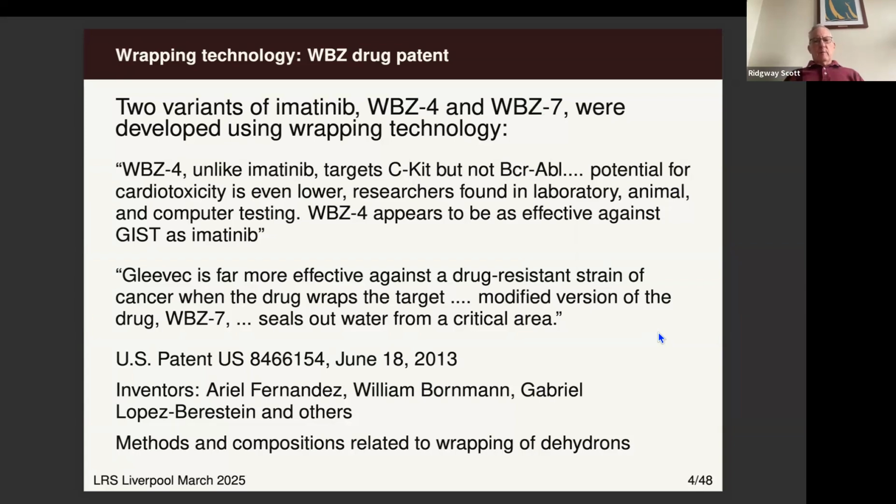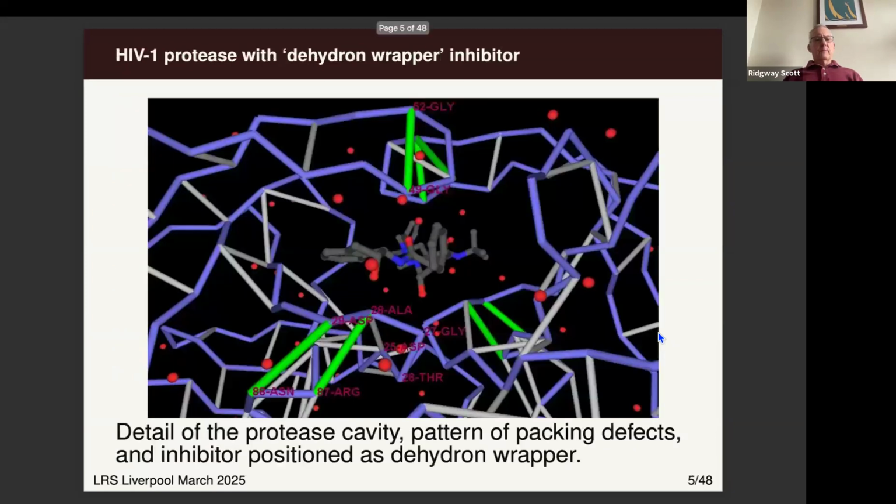These were the WZBZ drugs. And I mention this because it led to a patent. So this is just to say that we found that this whole concept of dehydron and the associated wrapping technology, which I will explain in a second, did definitely have a real benefit. It really came to fruition and led to drug patents.